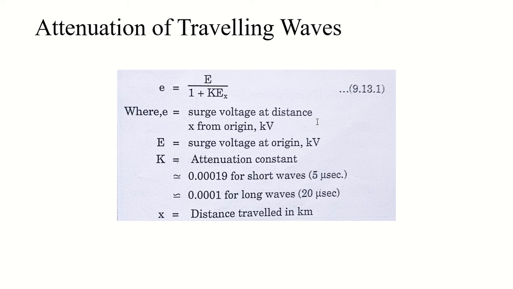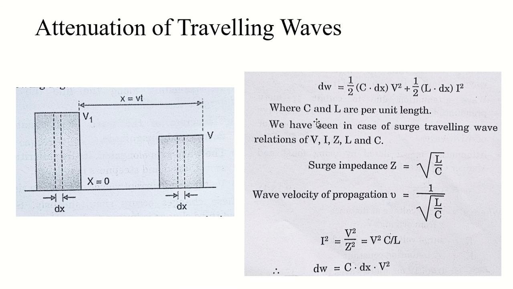Now, the voltage wave I wanted to talk about before we move forward. Let me change the slide. So the voltage wave incident on the transmission line at an initial point where x is 0 will travel at a velocity of v, such that at a later time t the point x will be equal to vt from the point of incidence, as shown in the figure on the left hand side.